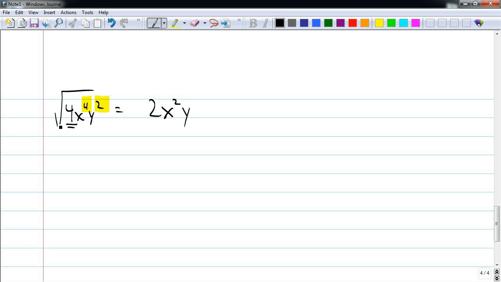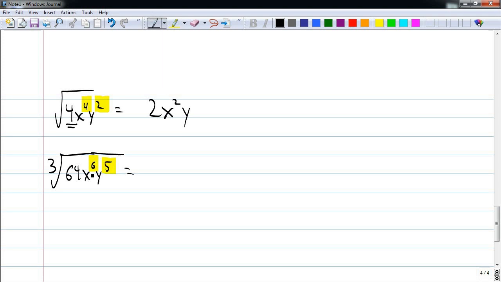And I do that for every type of radical. So if it's a cube root of 64, x to the 6th, y to the 5th, I would divide every exponent with a 3. And whatever result I got, I would write outside of the radical.